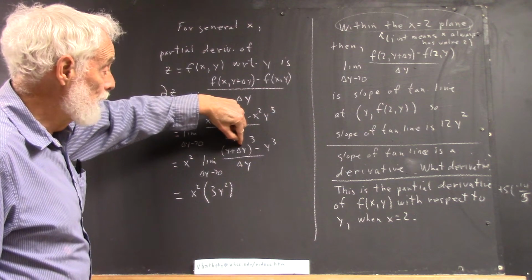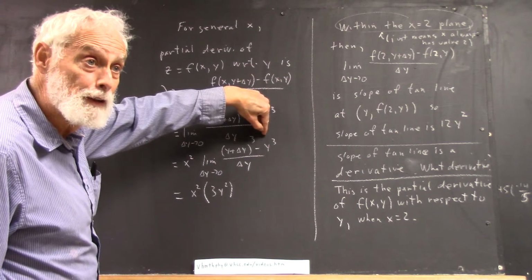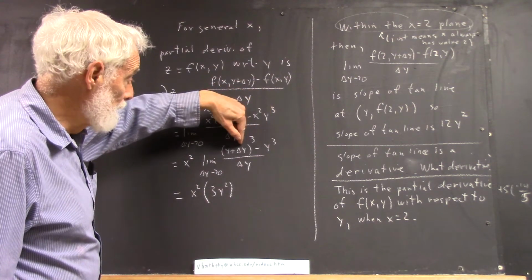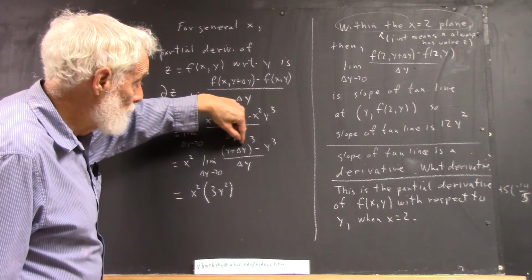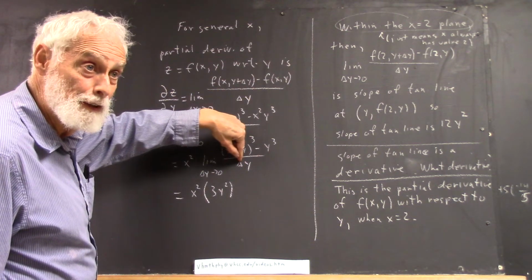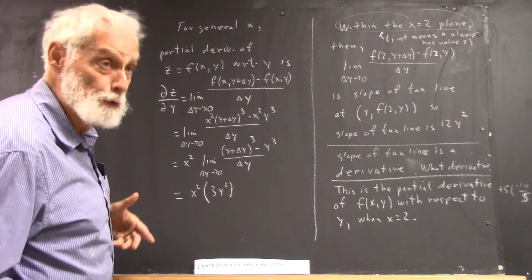And then everything else we get, well, we get a y cubed, which disappears because of this. And then everything else has a delta y squared or a delta y cubed on it. So when a delta y squared or a delta y cubed is divided by delta y, and then delta y approaches 0, those terms approach 0.